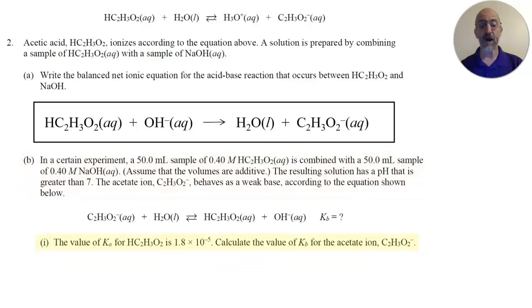And so in part 1 of part B, it says calculate the value of Kb for the acetate ion. Now we are given the value of Ka for acetic acid, which is 1.8 times 10 to the negative 5. So you might be wondering, is there a relationship between Ka and Kb?